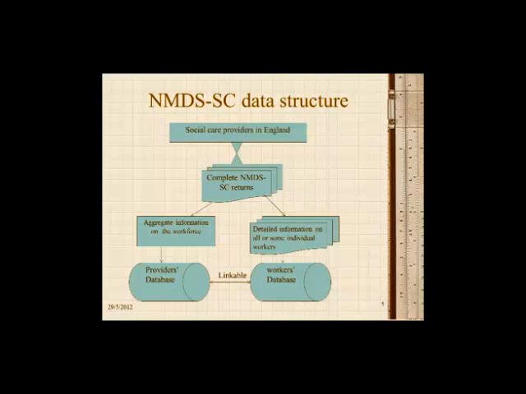Quite a lot of information. Then the same provider gives detailed information about individual workers, but they don't have to provide 100% of the workers. Some provide 5%, 10%. The average was around 60%.